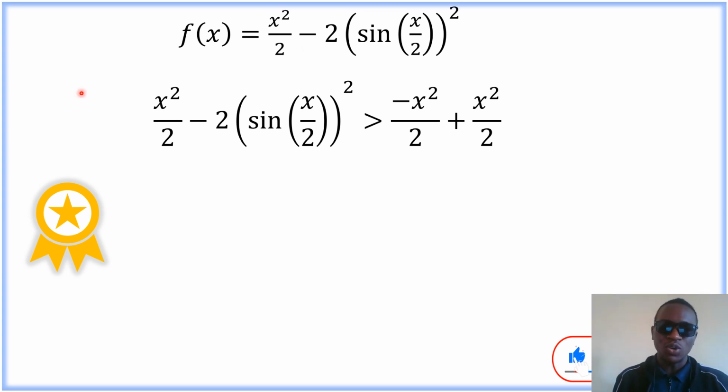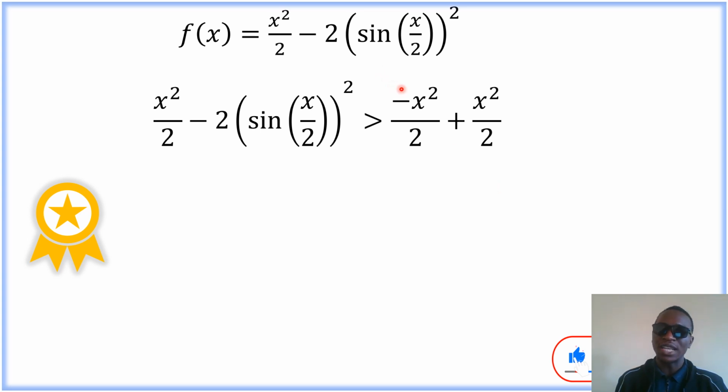From this stage, we notice that this is the function f of x, while this part now will be negative x squared on 2 plus x squared on 2. These are two terms which are identical, but they have opposite sign. They are equal in magnitude, they have opposite sign. Whenever you have two terms which are equal in magnitude and have opposite sign, and you add them together, the answer is always 0.